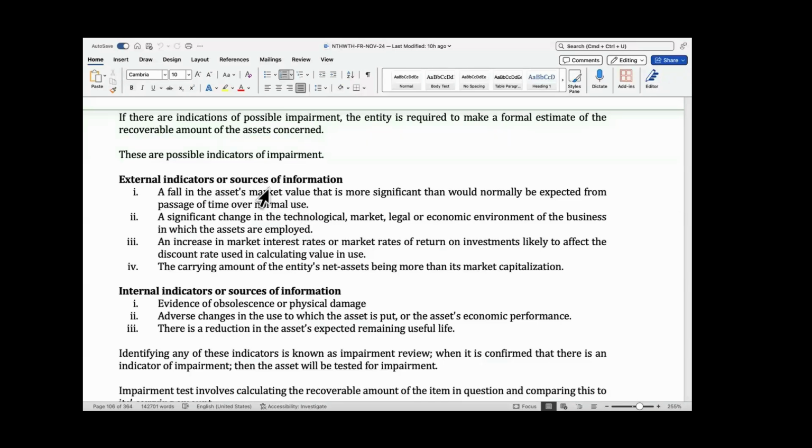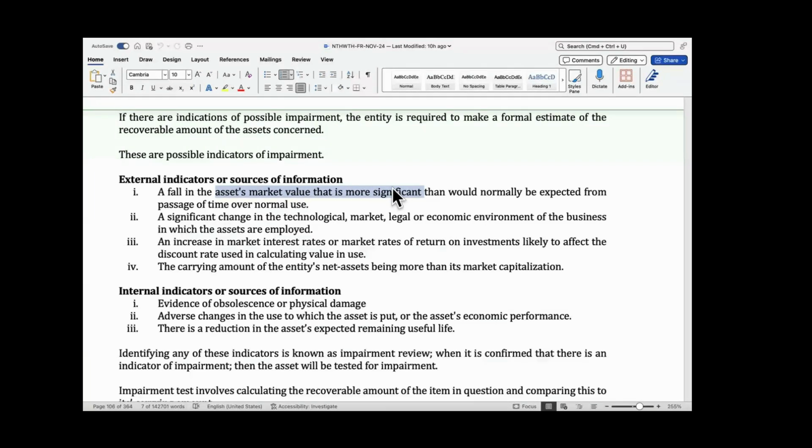So the asset's market value fell. So there is a fall in the value of the assets. When there is a fall, and this fall is so huge that we cannot attribute it to, okay, it's because we are using it, that's why the market value fell.